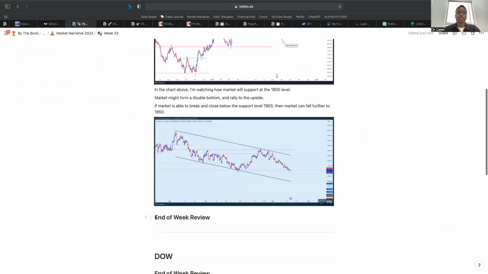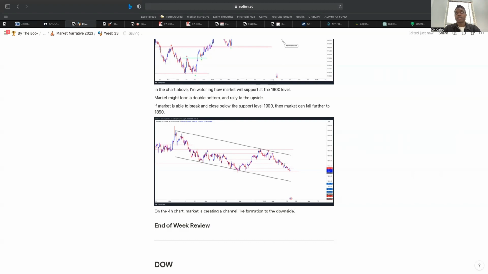Then I come here and write my analysis on the 4-hour chart. The market is creating a channel-like formation to the downside, which, if the market breaks below the 1900, then the channel can be affirmed, for example, and the market can continue to slide downwards.